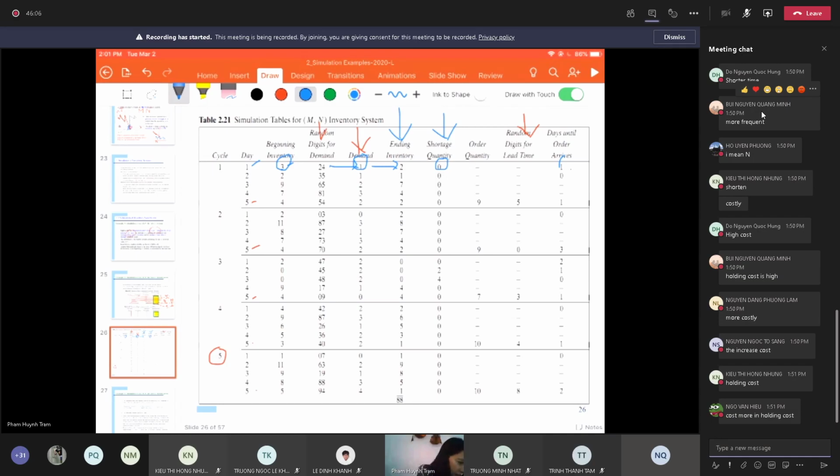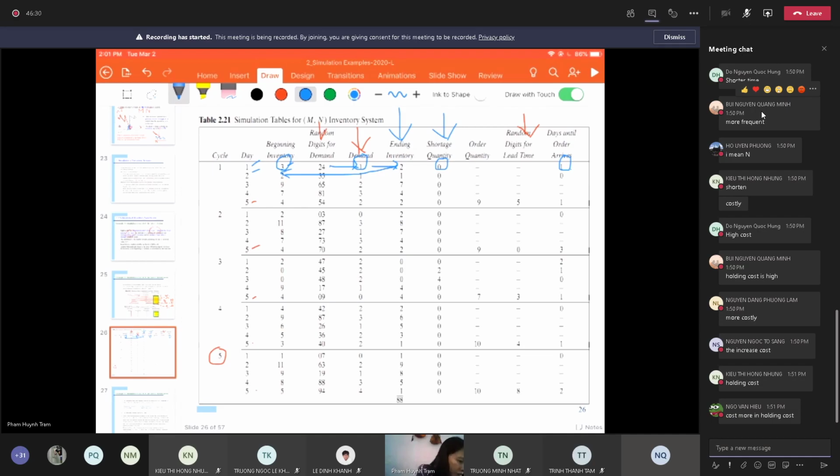Now continue with day 2. Our beginning inventory of day 2 would be 2, the ending inventory of day 1. And for the demand for day 2, we generate a random digit.